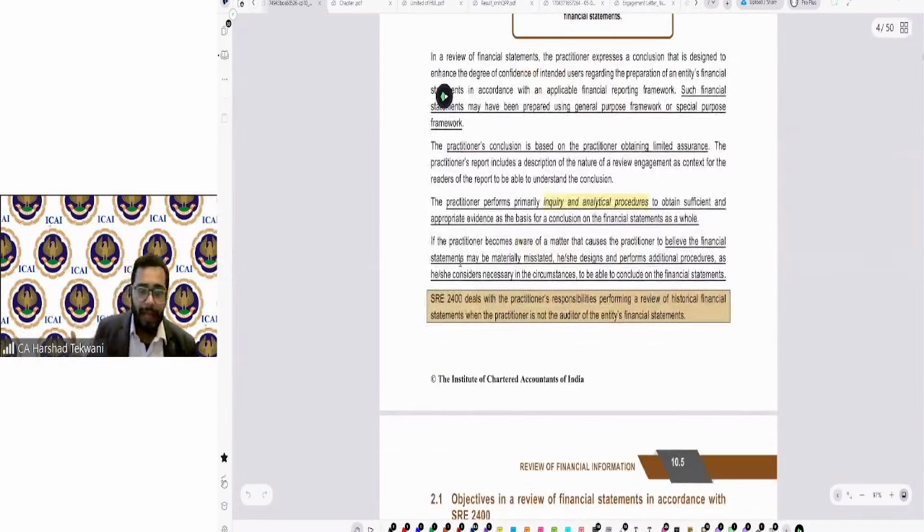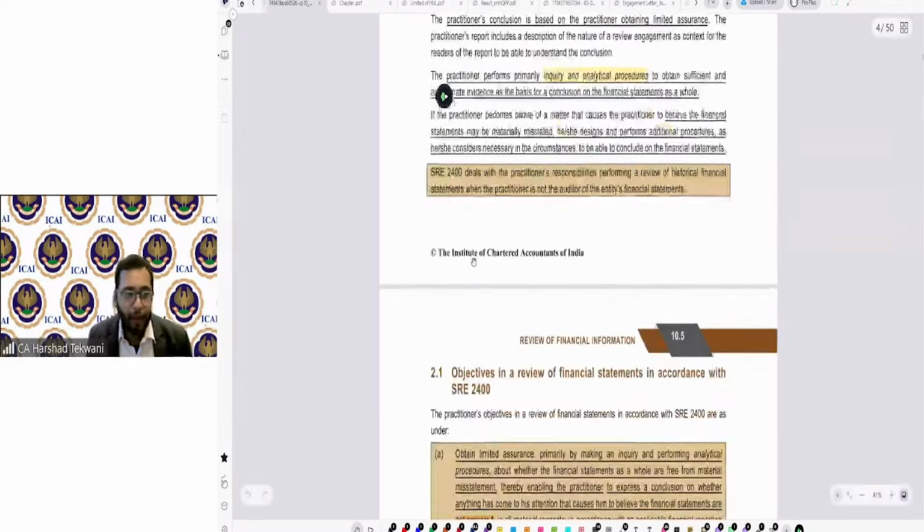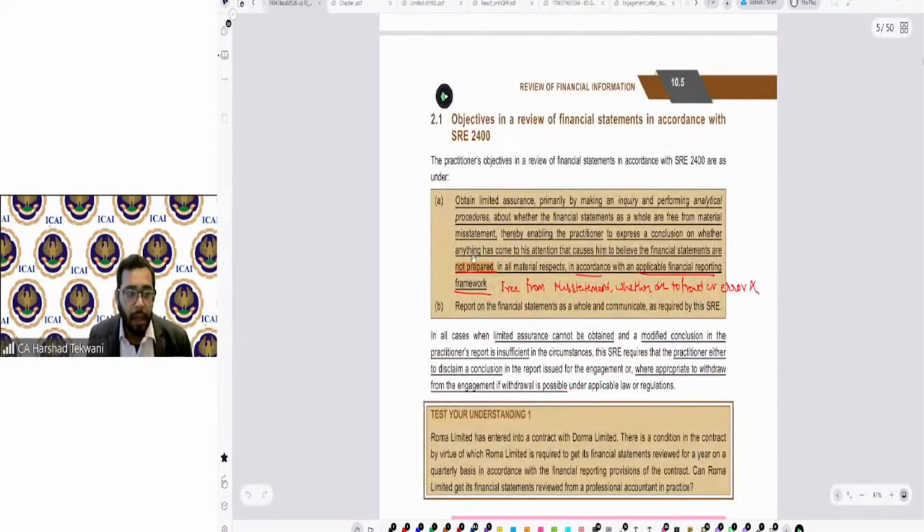For example, the review engagement only deals with inquiry and analytical procedures. Now, when I talk about the type of assurance that we are giving, it's a negative assurance: that nothing has come to our attention that could lead us to believe that the financial statements have not been prepared in accordance with the applicable financial reporting framework.